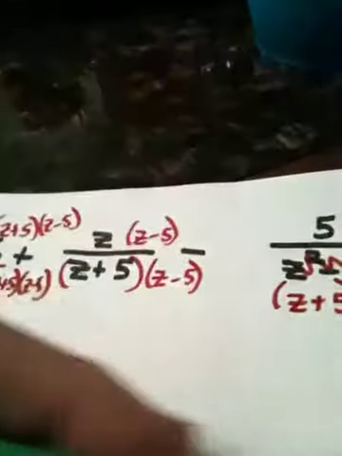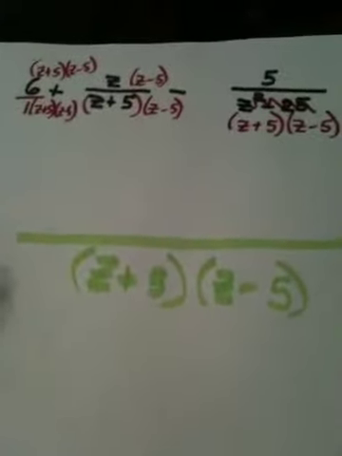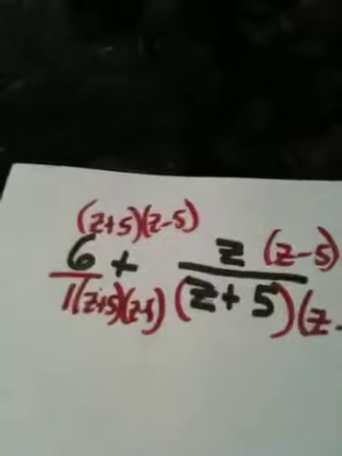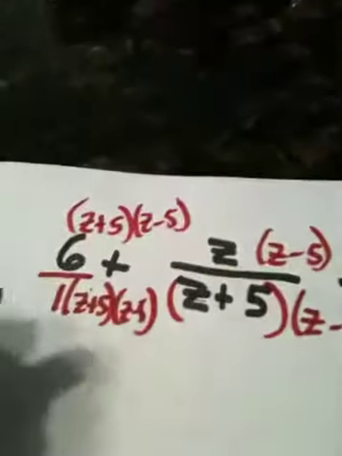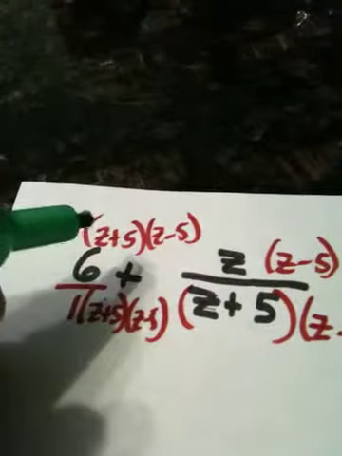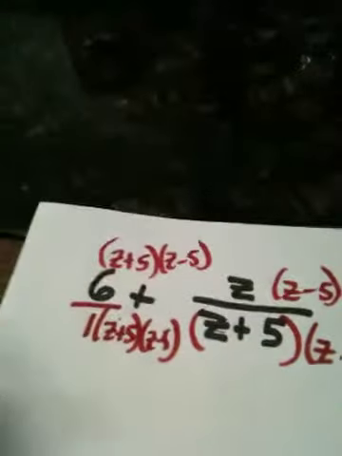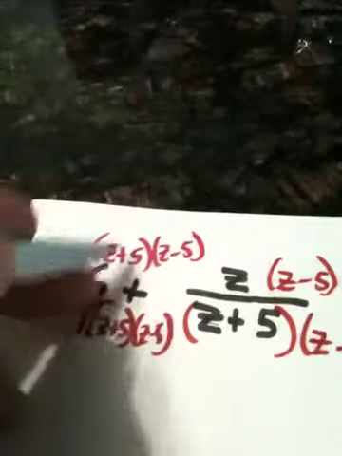In the denominator, I'm going to have z plus 5 and a z minus 5. Made it big. In the numerators, we've got to do some work. This first numerator requires a good bit of work, this times this times this.